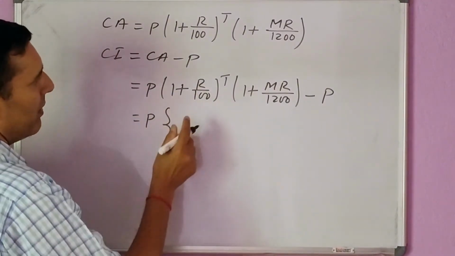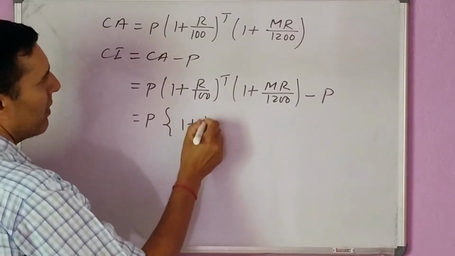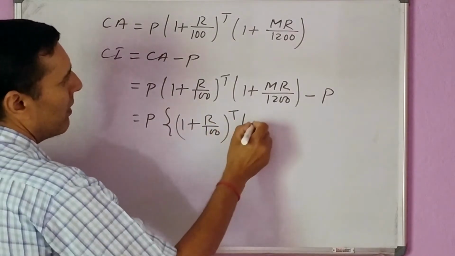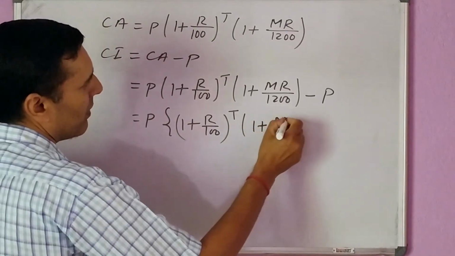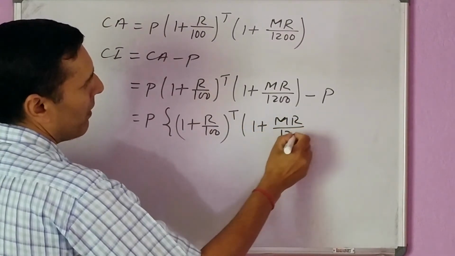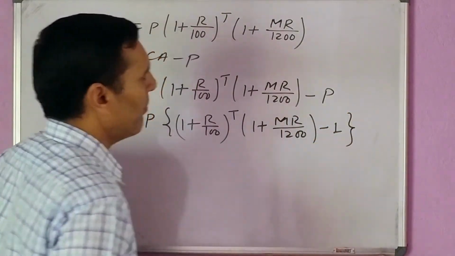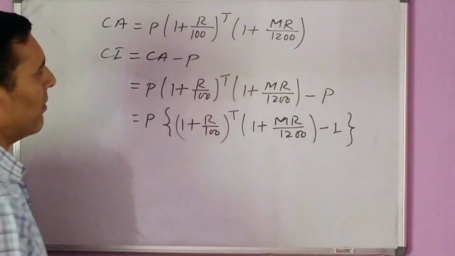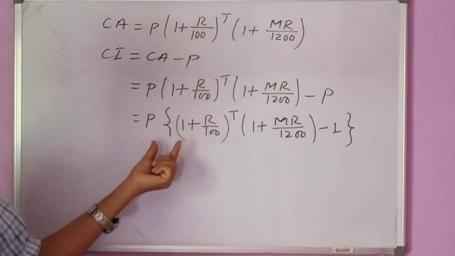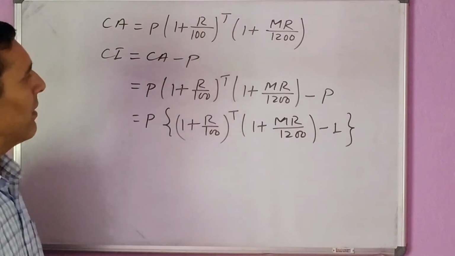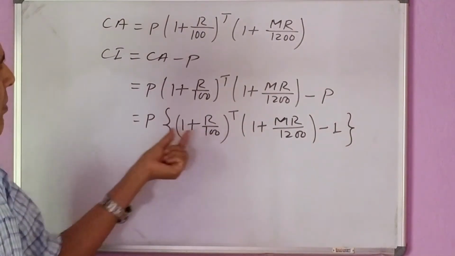P times [(1 plus R upon 100) to the power T times (1 plus MR upon 1200) minus 1]. After taking P common, there will remain minus 1 only. So by this formula we can find the compound interest directly.